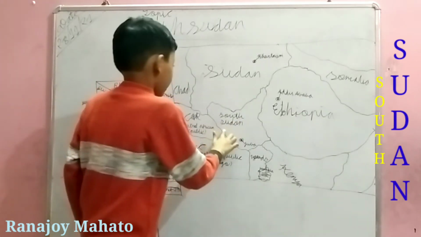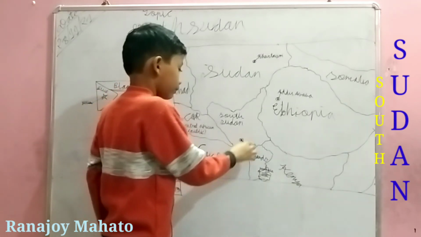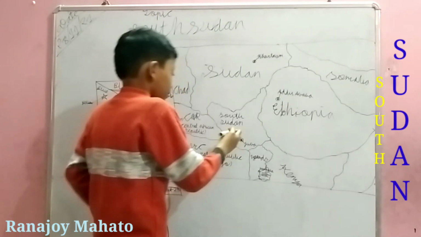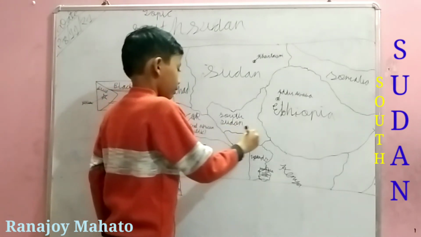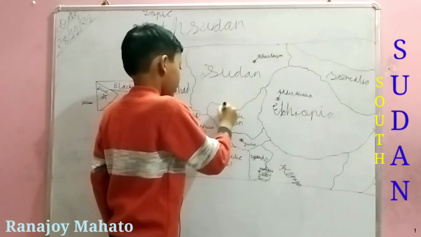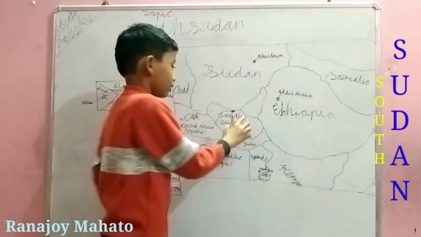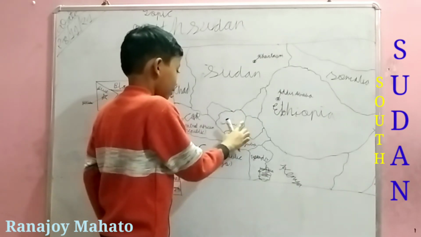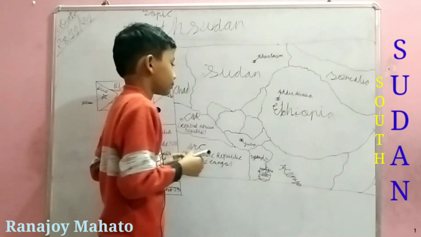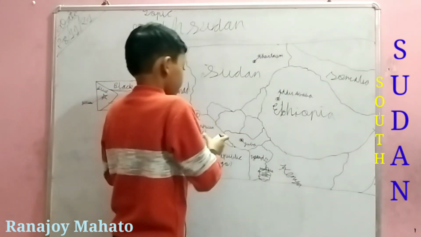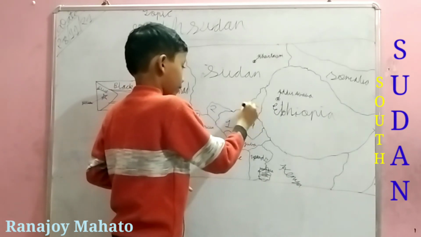Okay, so yes. The Juba capital is right here in the south. But I have an interesting thing for you. Let's separate this into different states. Let's divide it into these separate fragments right here, and name them 1, 2, 3, 4, and 5.